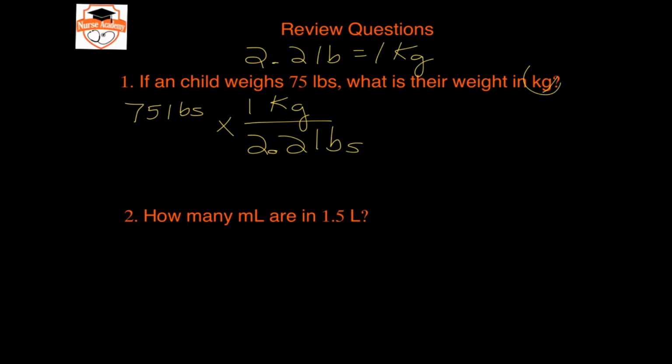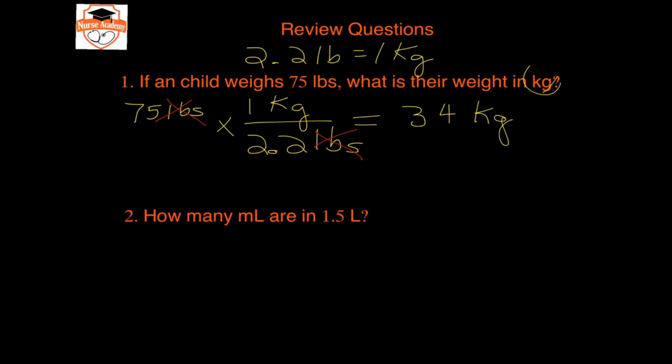And my pound units will cancel out. That will leave me with the units of kilograms. So then in my calculator, I will multiply 75 times 1 and then divide that by 2.2. That gives me an answer of 34 kilograms.